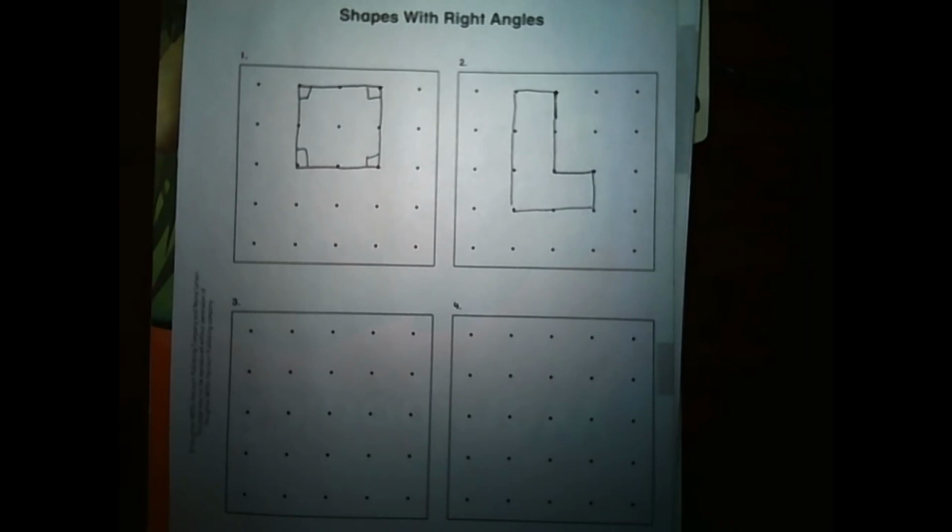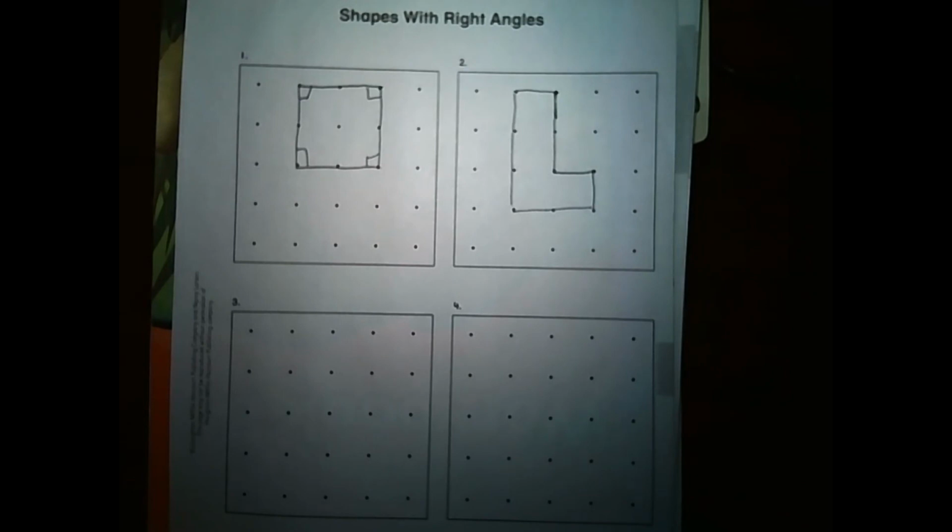It's entirely up to you. Okay, I want you guys for 3 and 4 to come up with your own shapes that have right angles. So at home, if you're drawing them, that's going to be easy for you guys. If you're doing this on Google, it's going to be slightly harder just because you have to click on the insert area and insert a shape. But hopefully mom or dad, grandma, grandpa, brother, sister, they'll be nearby that they can help you out with that.